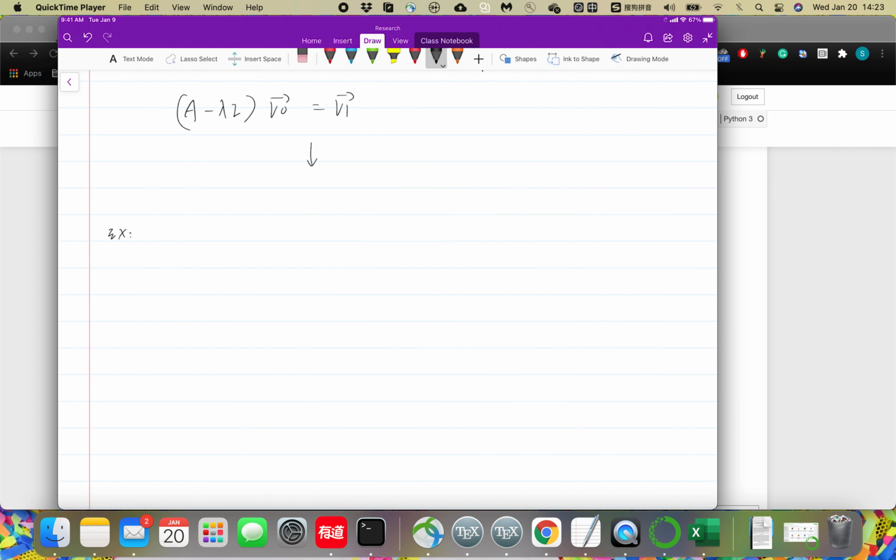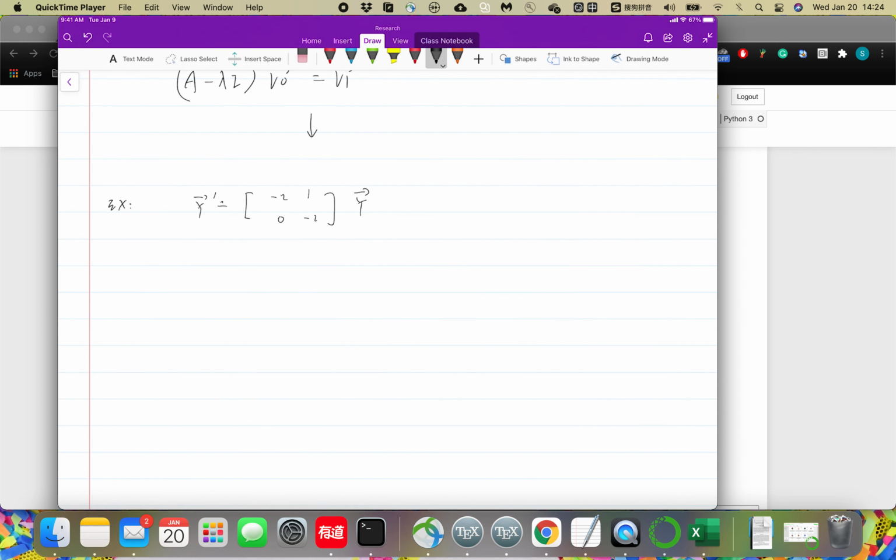Okay, so we have y prime equals Ay. Now we already know the final answer is going to be this. So we still do all the job we need to do in order to get the eigenvalue. Once we know the eigenvalue, we have the solution. We just need these two vectors.